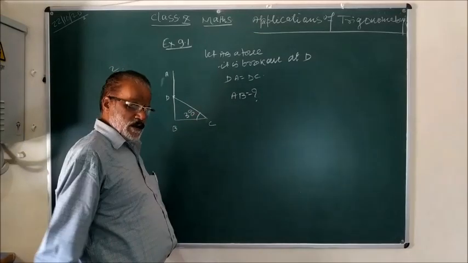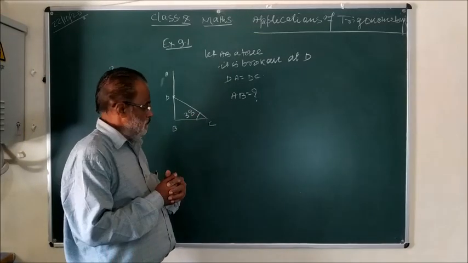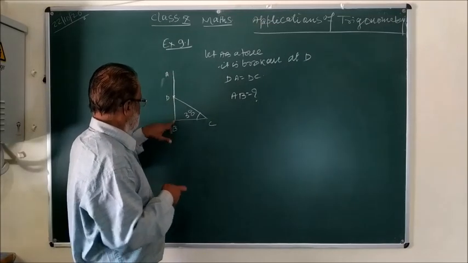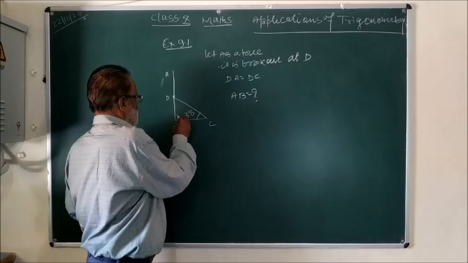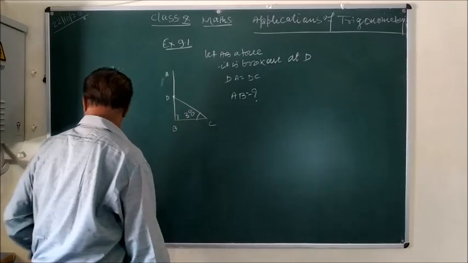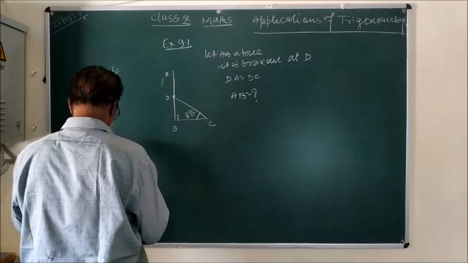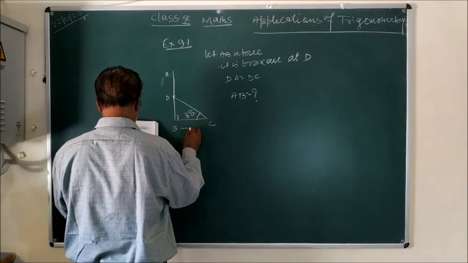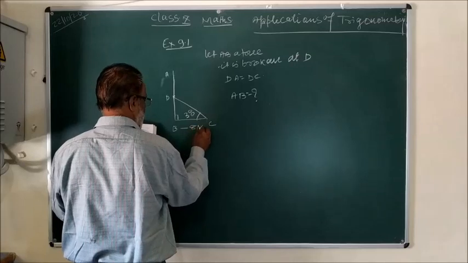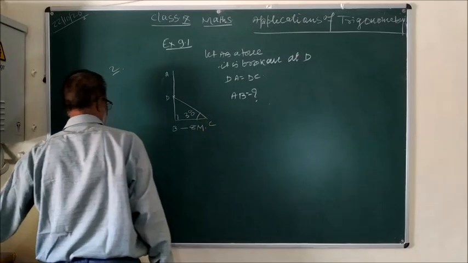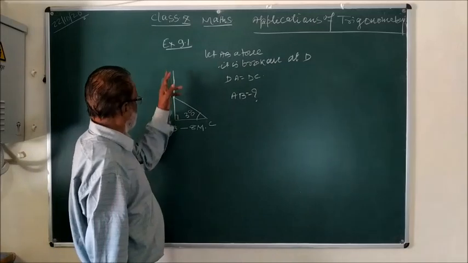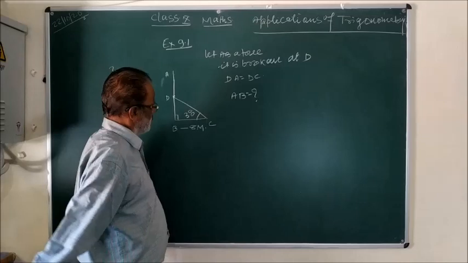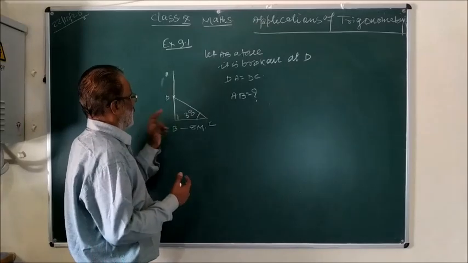Now I would like to explain and you will solve. First, this is a right triangle, and the top of the tree touches the ground at a distance of 8 meters. Now you have to find the total height AB.